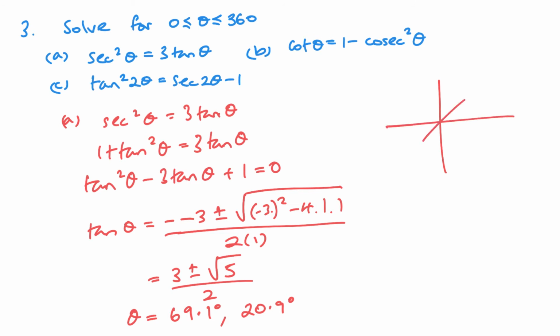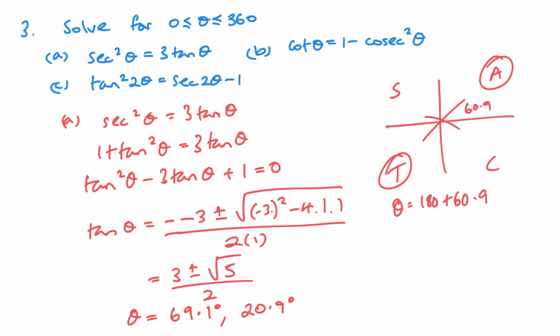Now I need to go to my cast rule or cast method to find the additional angles. So first time we've got 60.9 in here, as it was a positive value, positive tan, which means then we're also looking in this section where tan is positive, as I said, so 180 plus 60.9. So theta is 180 plus 60.9, so we're looking at 240.9 there.